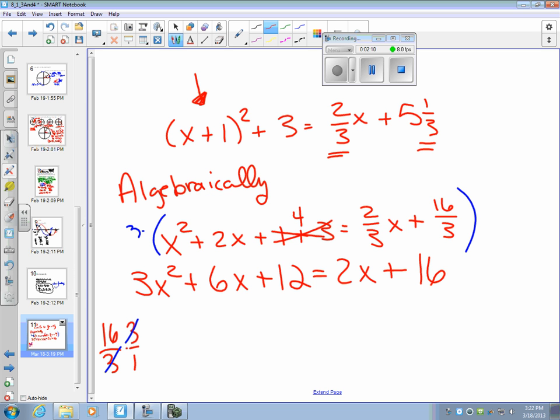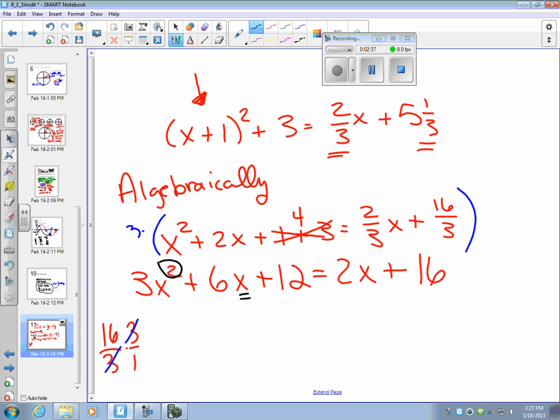Now, does anybody remember, when I have a squared term and plain old x's by themselves, what I have to do in order to solve? Yeah, I have to make it equal 0. I can't combine a squared term with a plain old x term, so I'm going to have to bring everything from the right side to the left side.